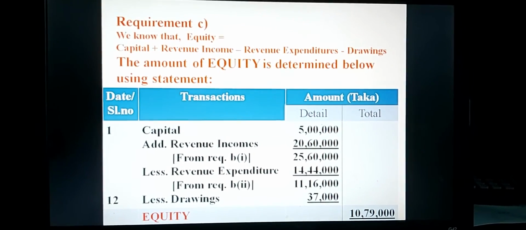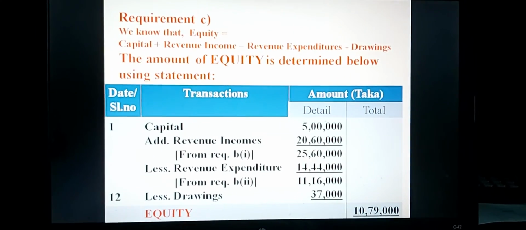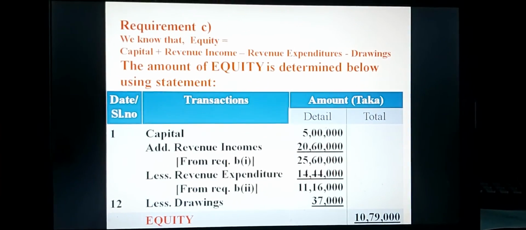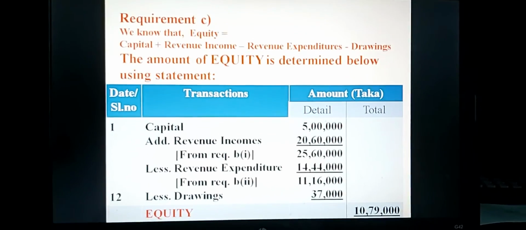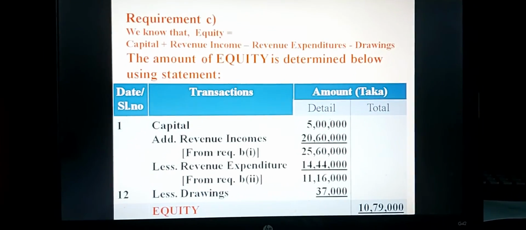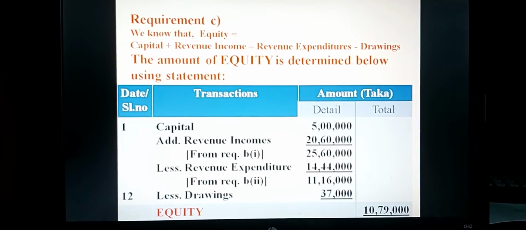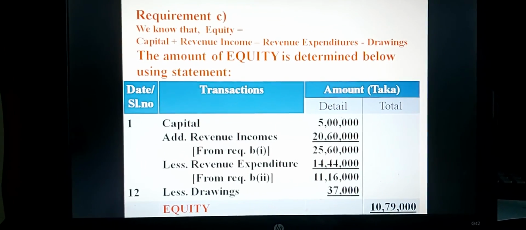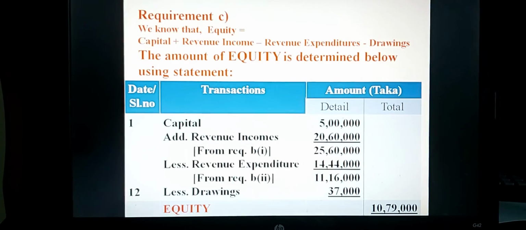And the last item, less drawings. From the rules or from the equation, drawings is the last amount. Taka 37,000 is available in the question. So you can take the drawings amount of taka 37,000 from the question and deduct it from the amount 11 lakh 16,000. Okay, the net amount we get is 10 lakh 79,000 for equity.